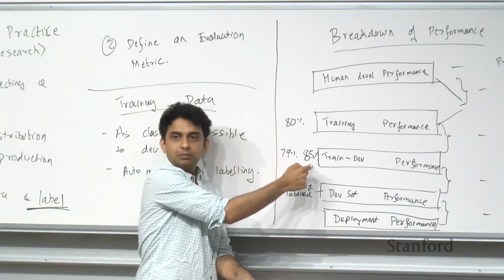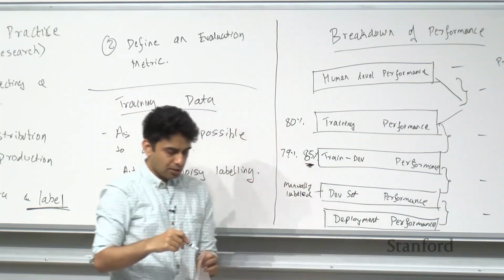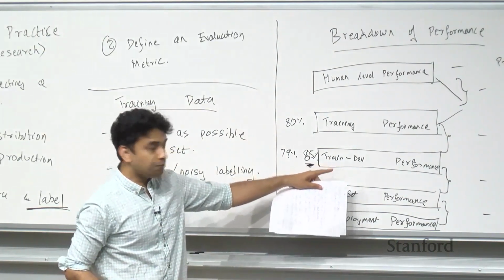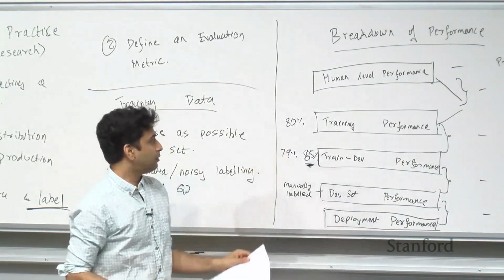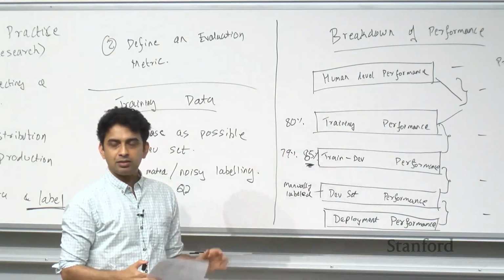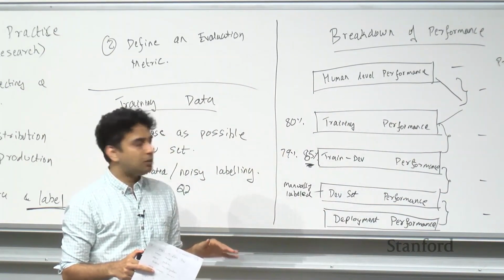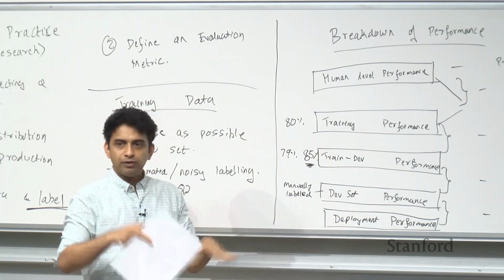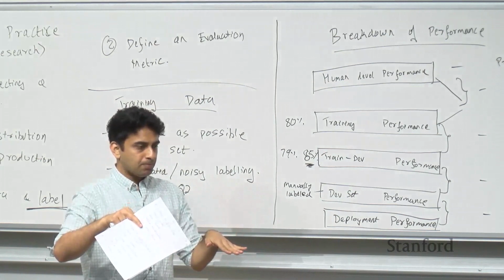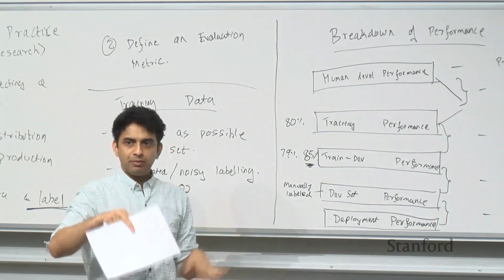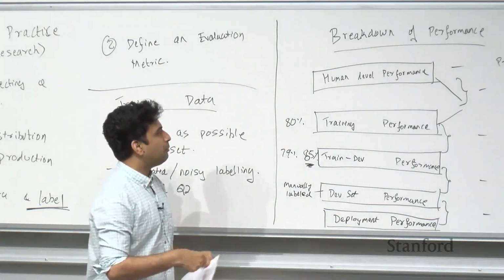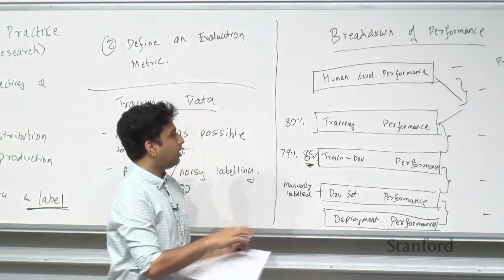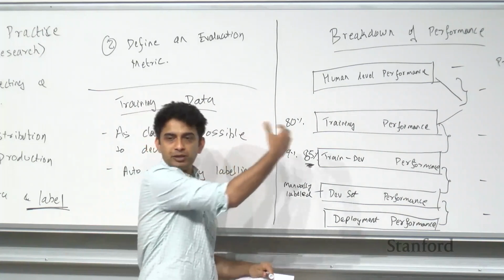The latter one, 85%. This generally means that if the train dev performance is higher than the train performance, there is still some kind of distributional mismatch, in the sense that maybe your train dev set is not perfectly randomly sampled from the dev set.